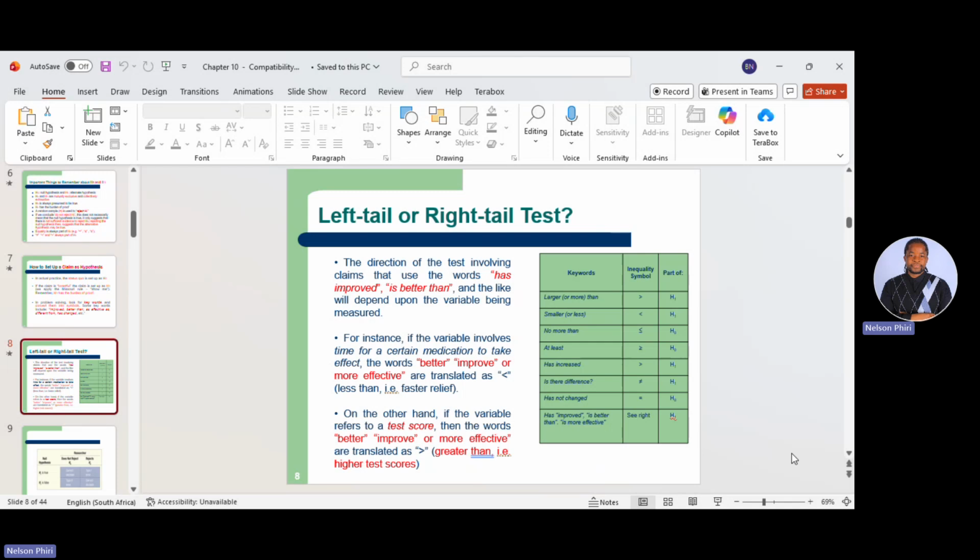On the other hand, if you're talking about a test score, the words better or more effective can be translated as greater than. So it is important to know the variables that are being observed in order for you to tell whether it is less than or greater than. So in cases of time, better could mean less than. In terms of test scores, better or improve could mean greater than. So it is important to pay attention to what is said and the variable being investigated.